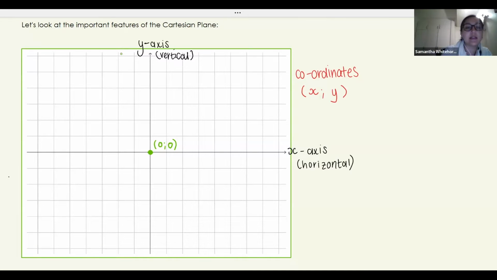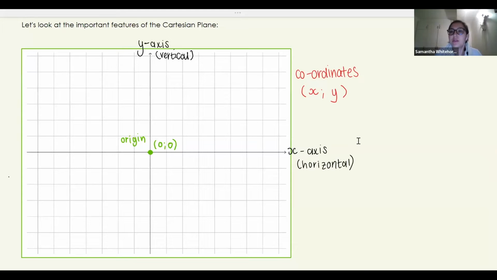Now, this point, like I said, has a special name. This is called the origin. You never have to write down origin on every single set of axes that you use, but it is important to know what it is, because when I say look at the origin, or when I say we are now at the origin, it's important that you know which point I'm talking about, and you know that it's at 0, 0.